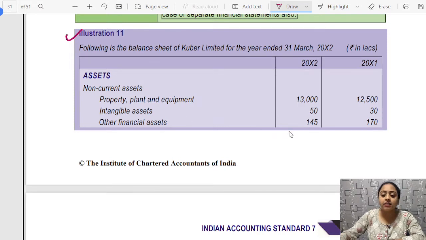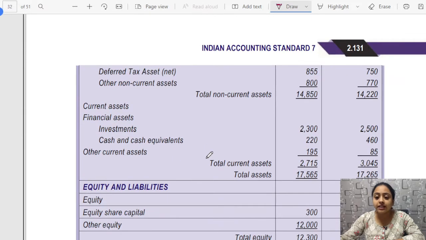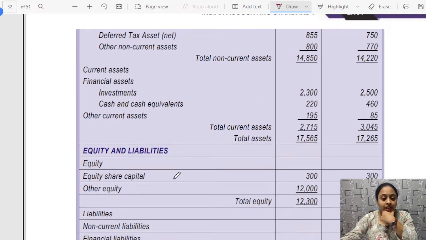Intangible asset, 30 and 50. Other financial assets, 170 and 145. Deferred tax asset, it has been net. Other non-current asset, 770, 800. Financial assets, investment and cash equivalent, other current asset, 85 and 195. Okay, these are opening figures and the current one is the closing figures.